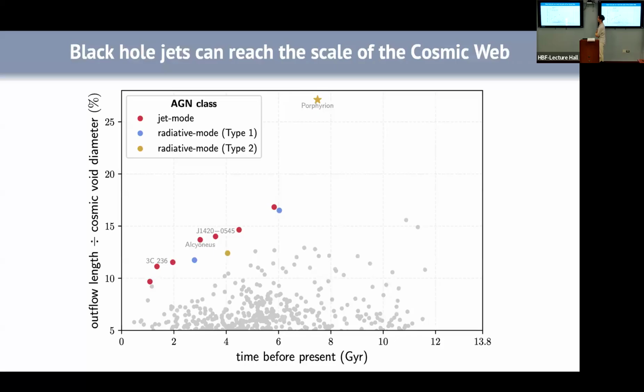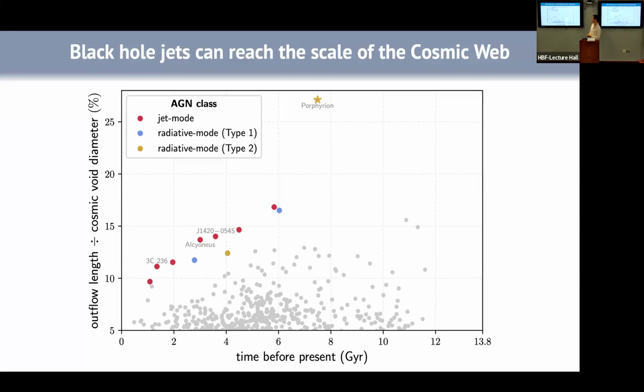Then this plot shows how large the jet is with respect to a typical length scale for the cosmic web, which is the diameter of a cosmic void. And this source, the Porphyrion, as we call it, is about 30% or so of the size of a cosmic void at its redshift.